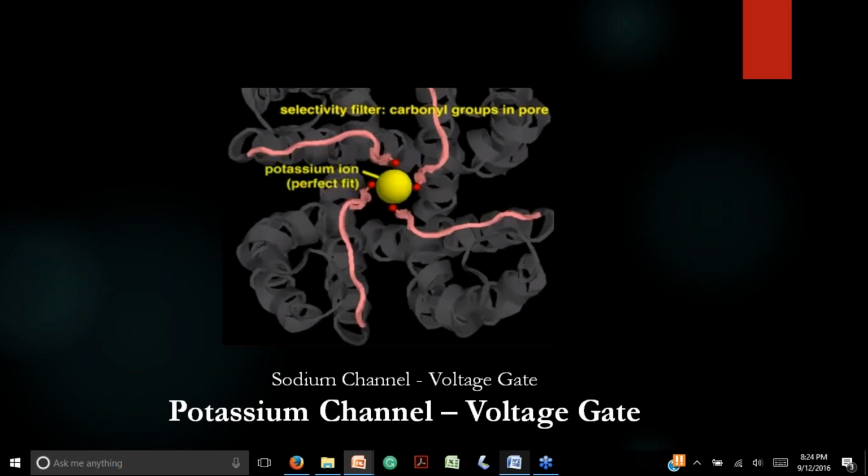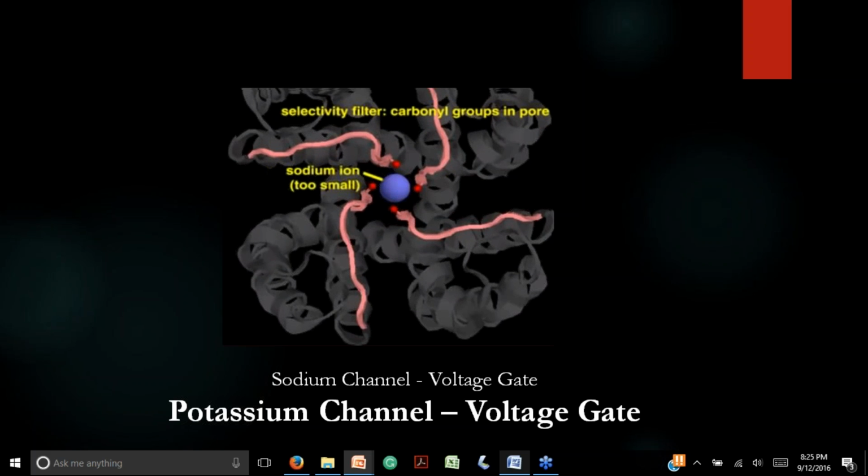So, for example, in this case, you can see potassium and sodium. Potassium is a bigger molecule than sodium. These receptors, these quaternary proteins located in the membrane of the cell, create an opening in the middle.